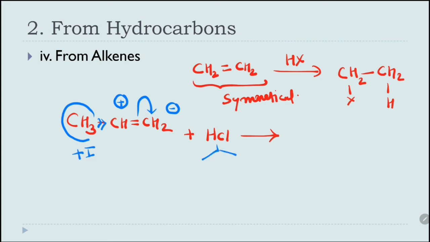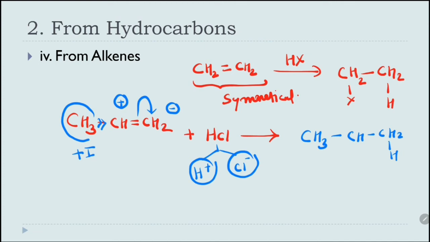When HCl fragments, we get H plus and Cl negative. So simply attach the positive fragment with the negatively charged carbon and the negative fragment with the positively charged carbon. So H positive is attached at the terminal carbon and Cl negative at the middle carbon, and our answer will be 2-chloropropane.